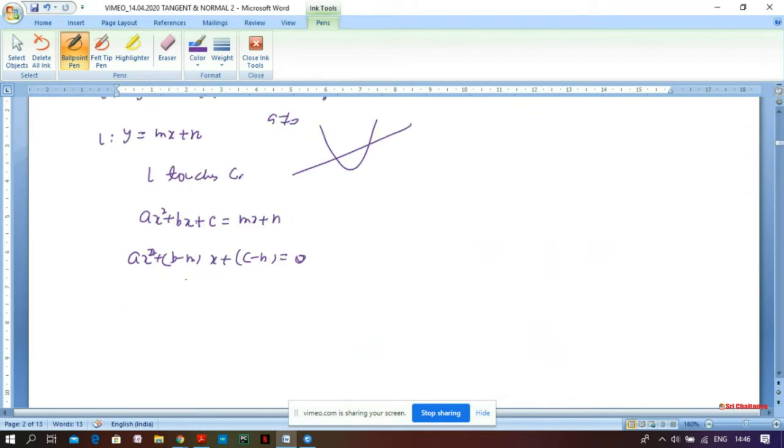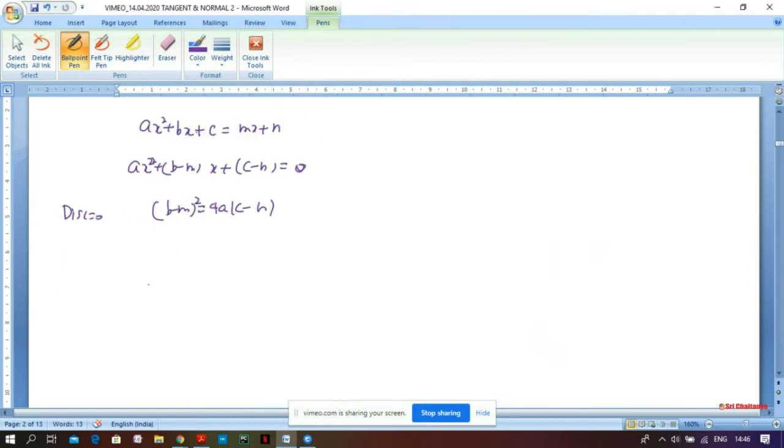And if roots are repeated, it means that for the quadratic case, discriminant is 0. And that gives you b minus m whole square is 4 times a times c minus n. So this imposes a condition on the constants a, b, c, m, and n such that this line is a tangent to this curve. So this is my condition for touching. Line L touches C. It is for second degree.